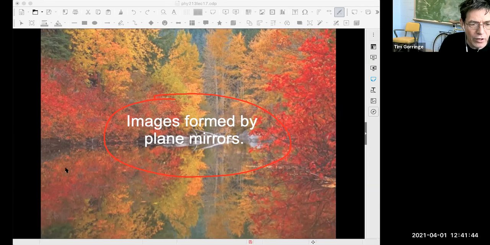In the surface of the water, we see an image of the object. And that's an example of images formed by reflection. The water's acting like a plane mirror, a flat mirror. And you can see some characteristics of the image of the object in the plane mirror. For example, the image is the same size as the object. There's no magnification or minification here. Just one thing I'm pointing out.